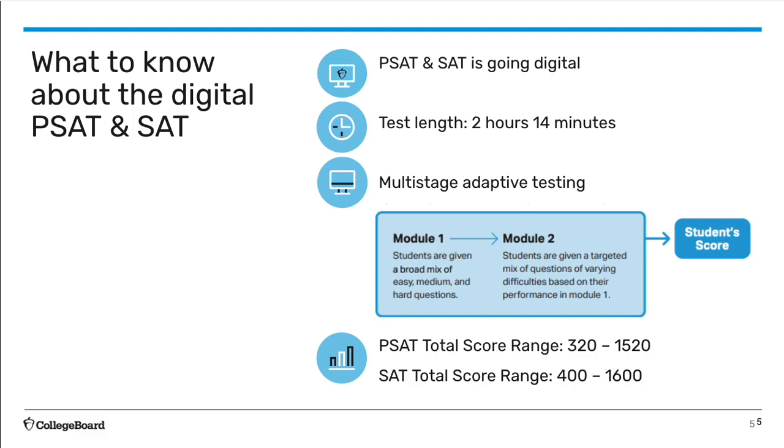In the second module, those questions will be more focused on the test taker's actual achievement level based on how they performed in the first module. So, for example, depending on how they do, students might either see harder or easier questions in Module 2. So questions on average will be either higher difficulty or lower difficulty than the questions in Module 1.